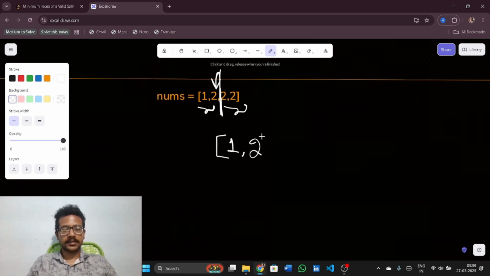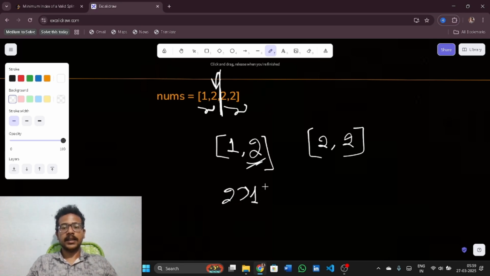Here the left subarray is 1, 2 and the right subarray is 2, 2. In 2, 2, the element 2 has the maximum frequency. But in the left, 2 has a frequency of 1, and if I multiply it by 2 to check whether it is occurring for more than half the times, is it greater than 2? No. So this is not a valid split.